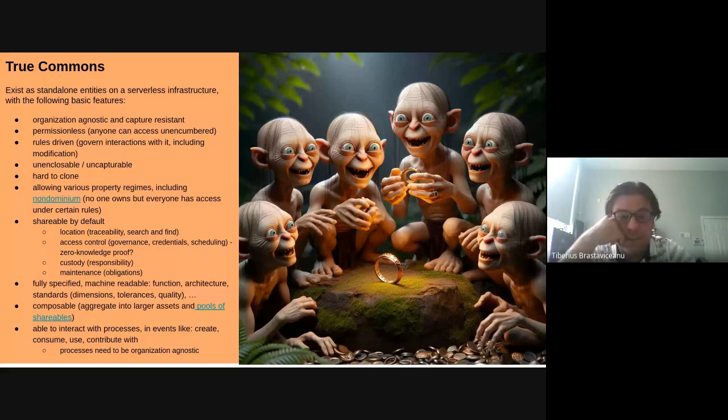It doesn't mean that organizations cannot access and use these resources. They can, but they're by default global and shareable, so they have global mobility and accessibility.